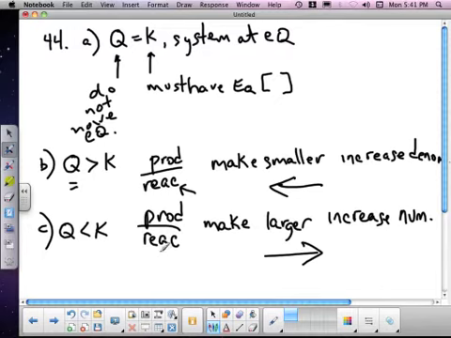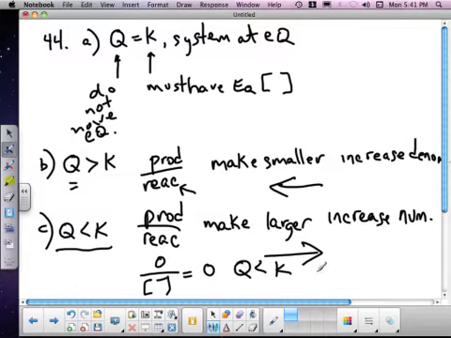Well, if I have no products, this is 0, and Q is 0, and so therefore Q is less than K, and what we just said about Q being less than K applies. So essentially this question was asked, but it was asked in this way. So if I have no products, what is Q? Q is 0. So Q is definitely less than K because there are no negative equilibrium constants. So then you must shift towards products to bring it into equilibrium.